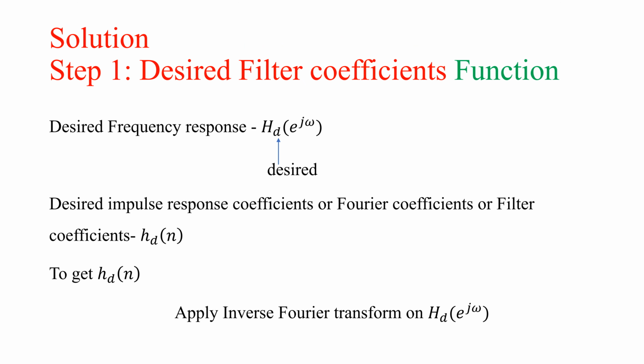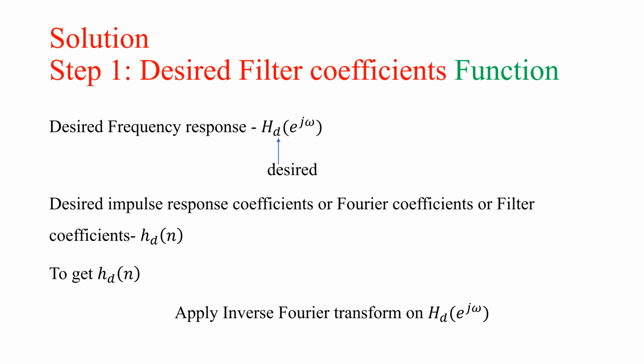As a first step, we have to find the desired filter coefficient function. In this problem, we have been given the desired frequency response Hd of e power j omega. Here the suffix small d indicates that it is the desired one. Now we have to find hd of n.